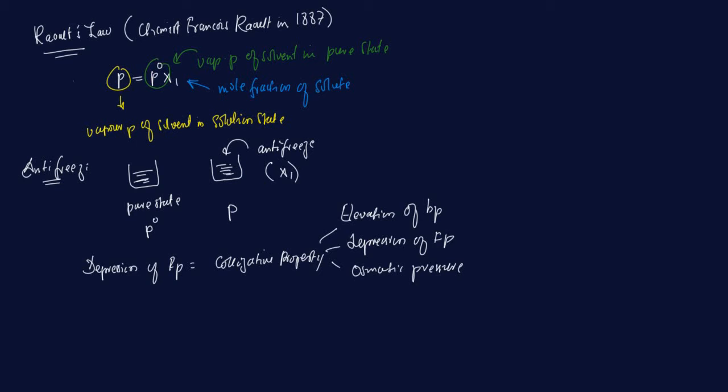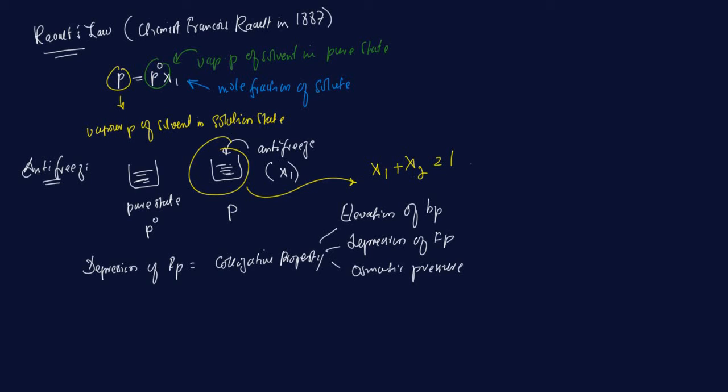As far as Raoult's Law is concerned, we have two quantities in solution here. In the second case, after making the solution, this is the mole fraction for, let's suppose, water, and this is the mole fraction for the solute, that is X₂. Their summation is always 1, so the mole fraction of all the components is unity.